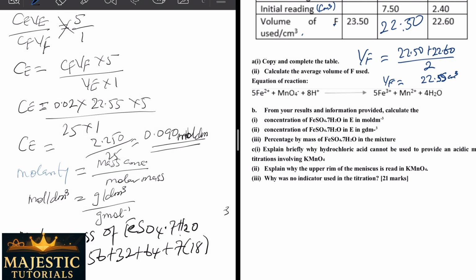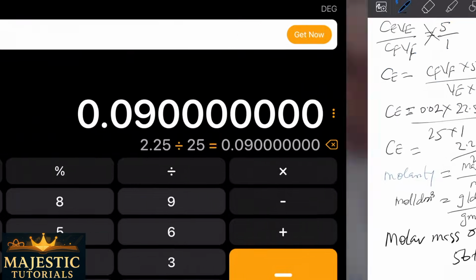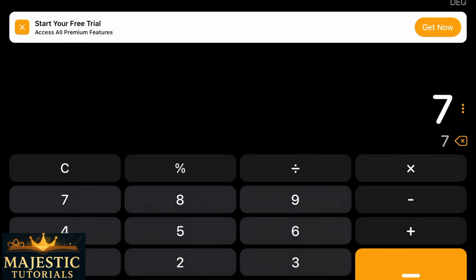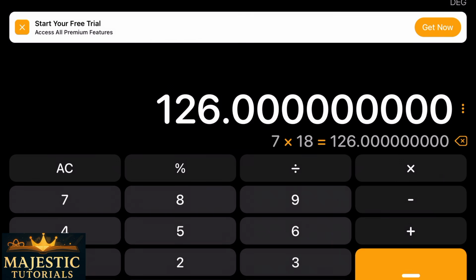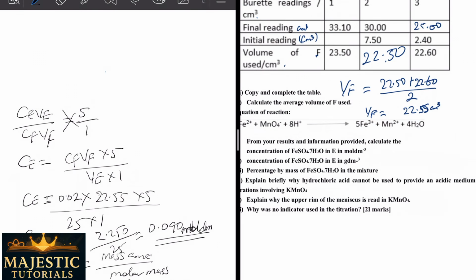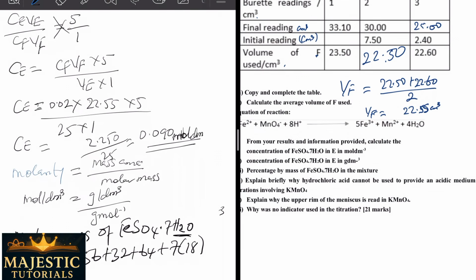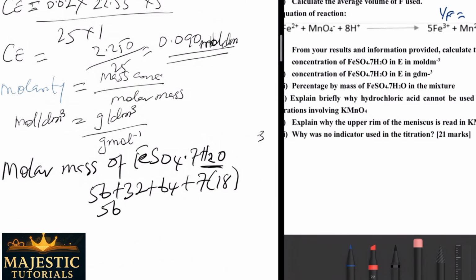Where did I get 18? The molar mass of water is 18. So mathematically, 7 times 18 is 126. So we are looking at 56 plus 32 plus 64 plus 126.